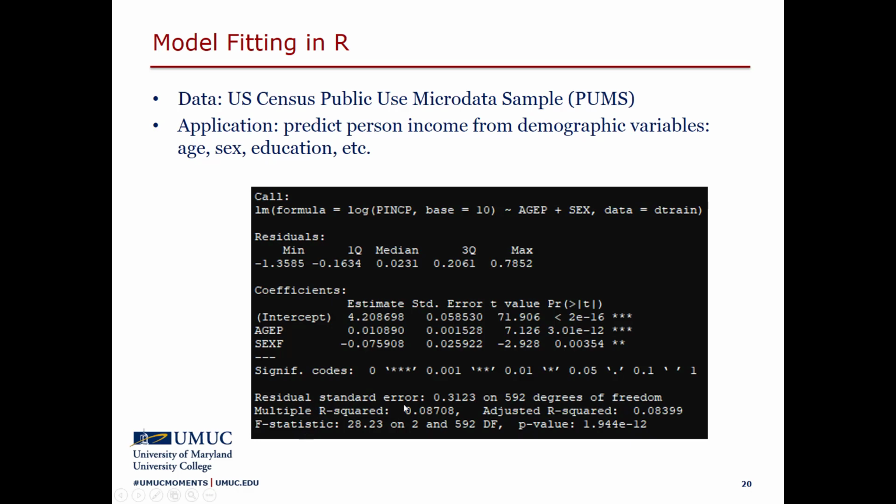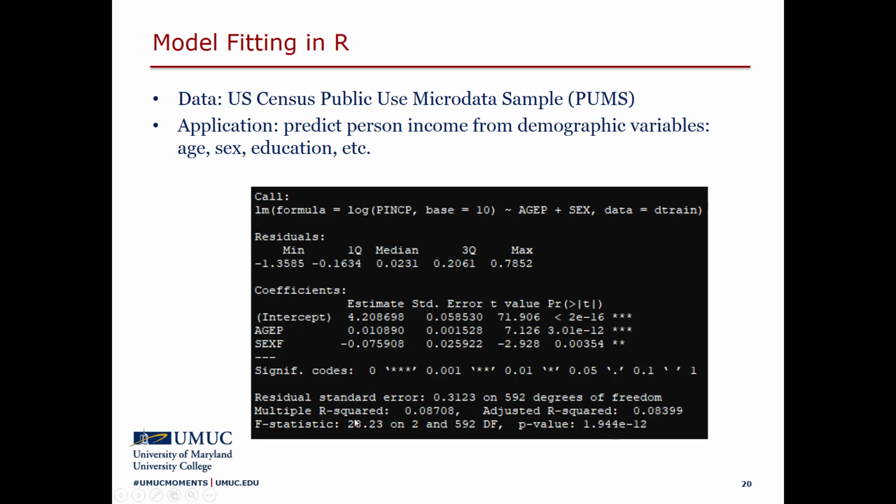So the residual standard error is 0.315, and this is the overall residual error, on 592 degrees of freedom. If you remember, the degrees of freedom is the difference between the number of observations you have and the number of predictors or the number of estimated parameters.